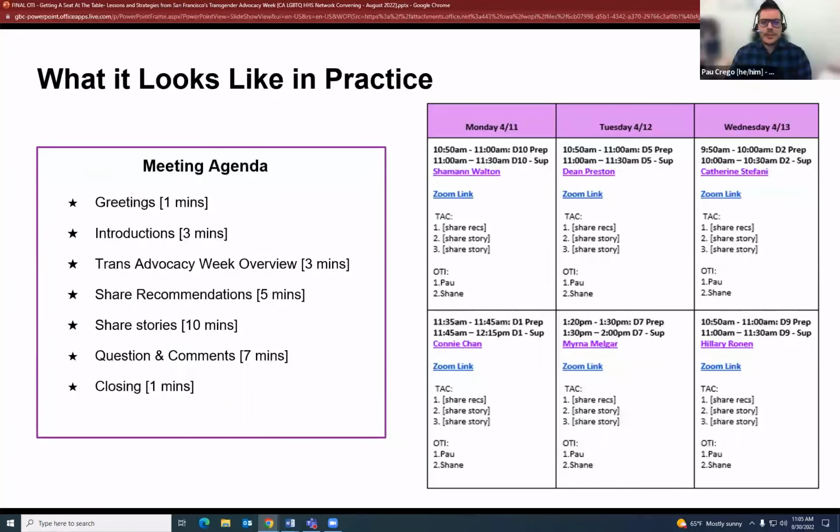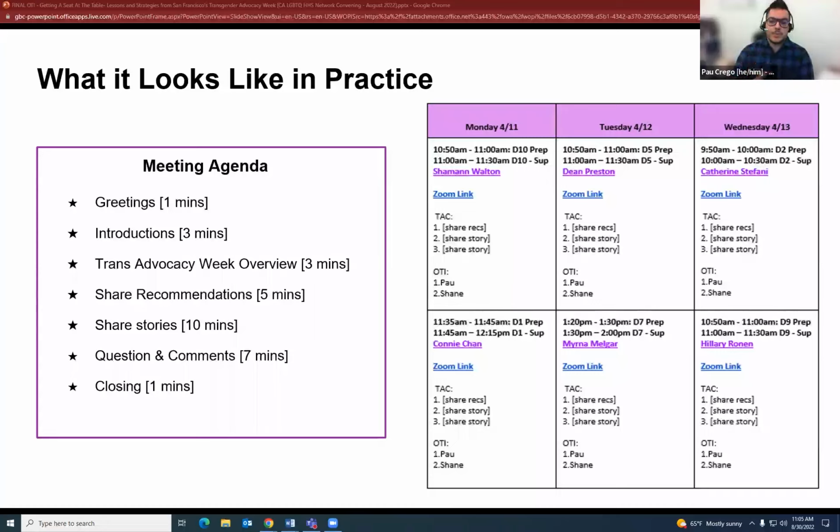So another thing we wanted to share with you is just what it looks like in practice. We work on Trans Advocacy Week and preparing pretty much all year round at this point, because we find that it's such a useful tool for our communities, and we found that it's effective. So we really put in the time to prepare as we lead up to April, which is when we do our advocacy week.